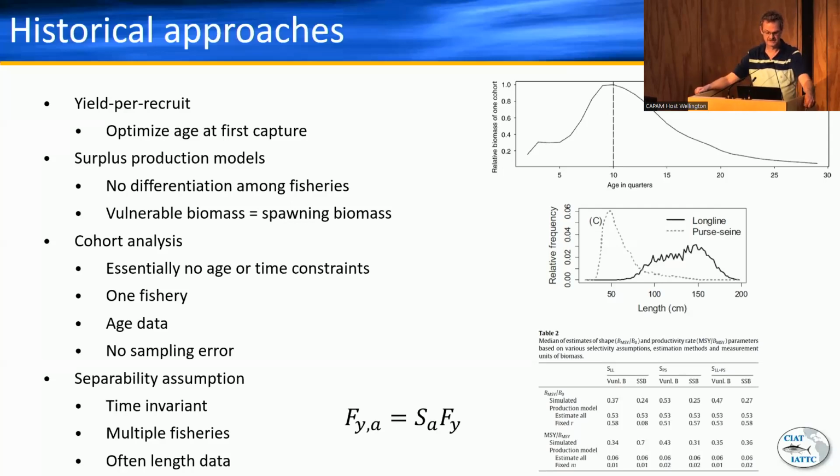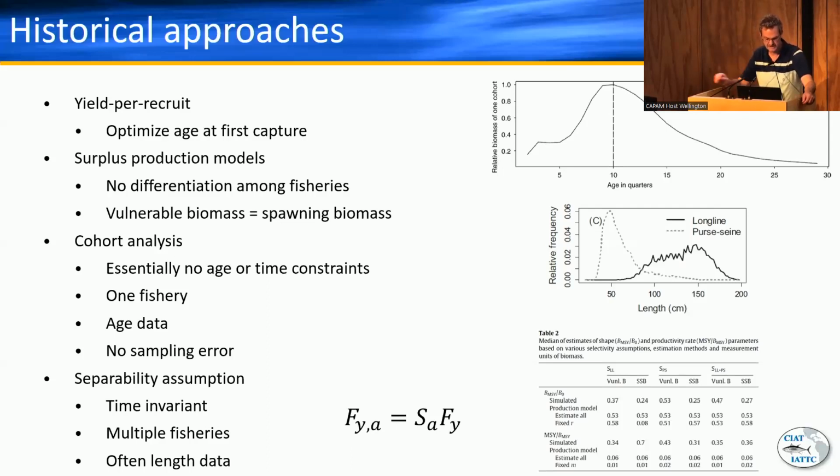Cohort analysis typically will be used on one fishery, so all of the different gear types are combined together. You're using age data, and you're assuming no sampling error. But in those, the selectivity is very free, so it's time varying and flexible across age, with maybe a couple of constraints on the maximum age or something like that.